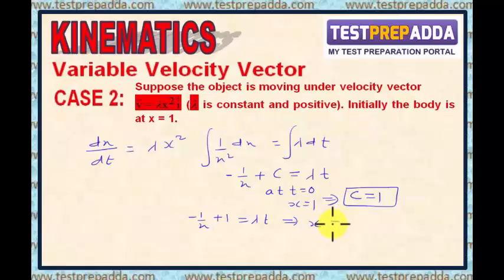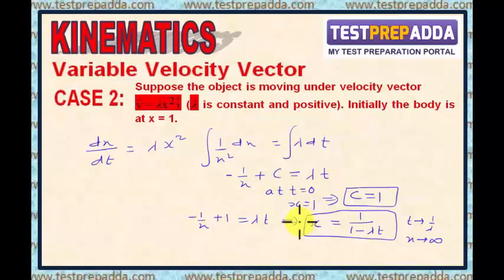So x can be found as a function of time t. Got the idea? So if I write lambda t as 1, in time t equal to 1 by lambda seconds, the object moves from x is equal to 1 to x tending to infinity. Got the idea? As t tends to 1 by lambda, x will tend to infinity.